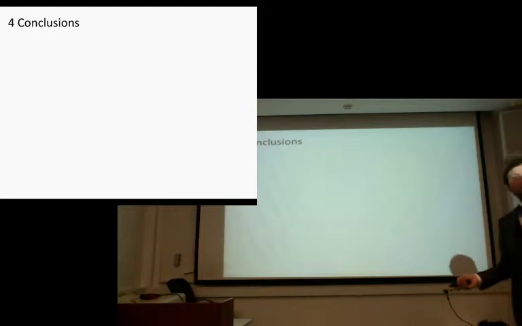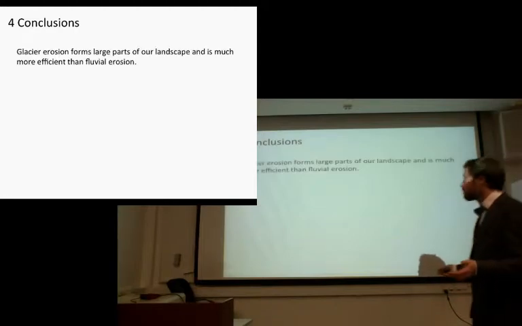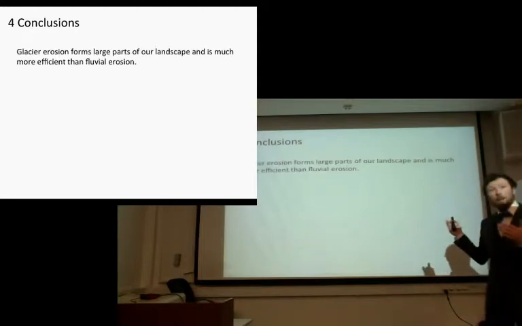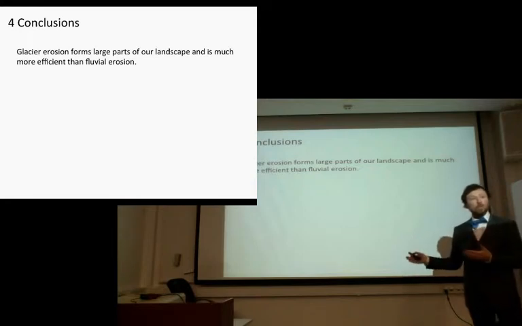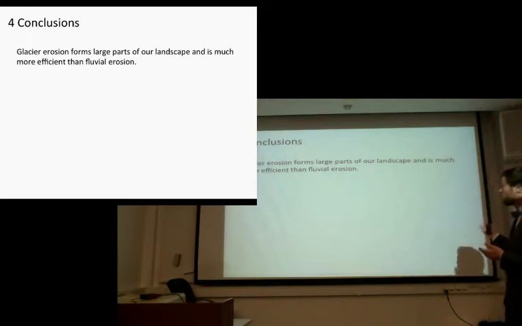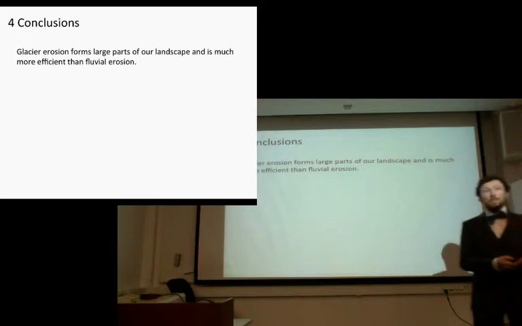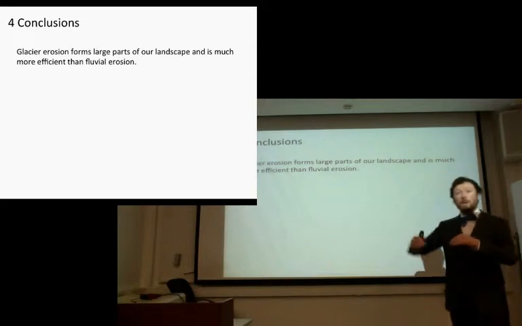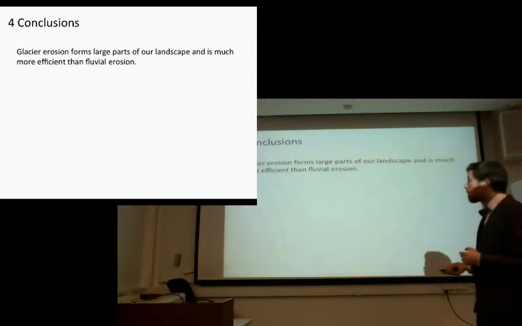So, short conclusions. I hope you've understood, and I've shown you, that glacier erosion has formed a large part of our landscape, and is much more efficient than fluvial processes in the high mountains.